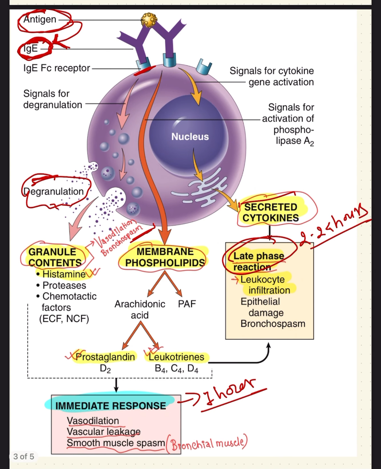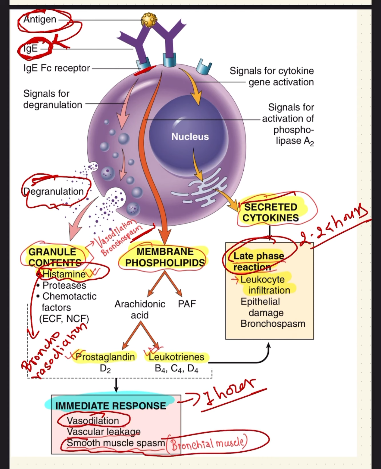There will be release of the mediators, like histamine. This histamine is responsible for the bronchospasm and vasodilation, right? If there will be the bronchospasm, here it is also written that there will be the vasodilation and the smooth muscle spasm, that is a bronchial muscle spasm.